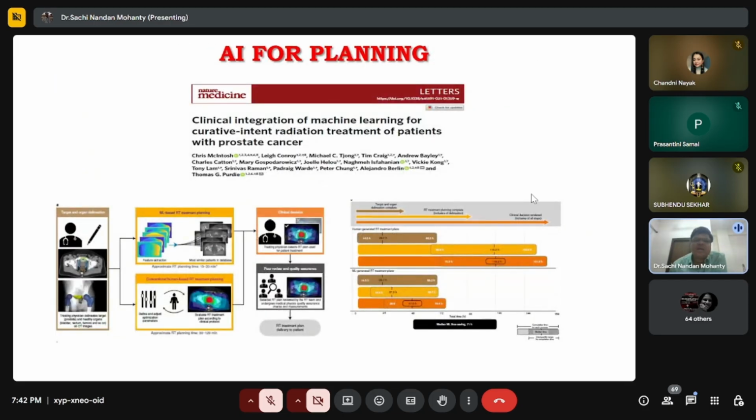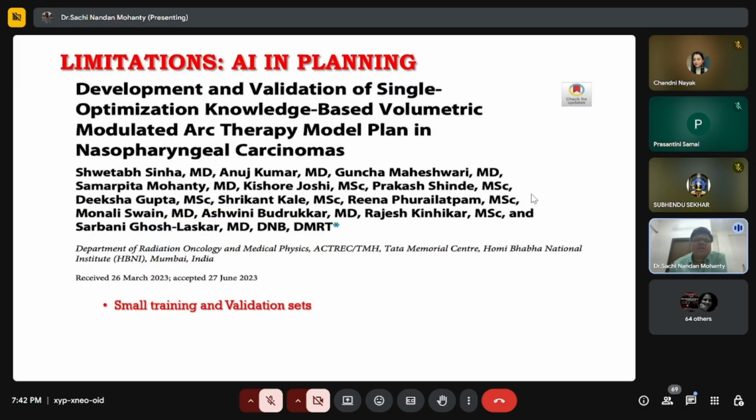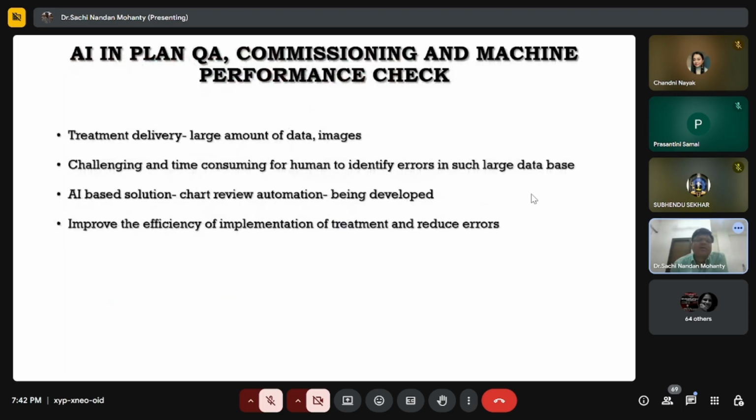Then AI for the planning. Clinical integration is required for machine learning for curative intent radiation treatment of patients with prostate cancers. The limitation of AI planning is also there: small training and validation sets. We must validate your data. Then AI plan commissioning and machine performance check.